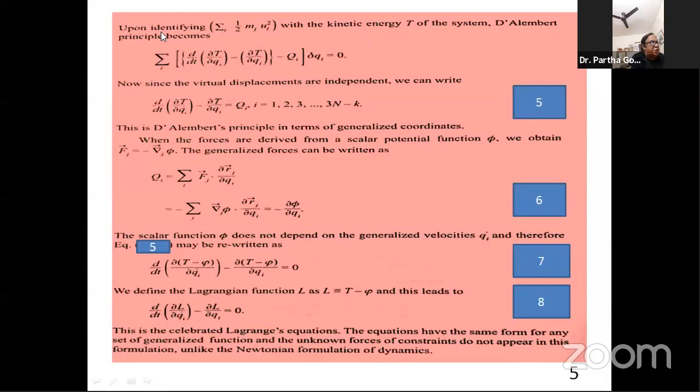The equation has the same form for any set of generalized coordinates, and the forces of constraint could be known or unknown, but our formulation in terms of the Lagrangian is independent of the presence of forces of constraint. Therefore, this is a big advantage over the Newtonian approach.